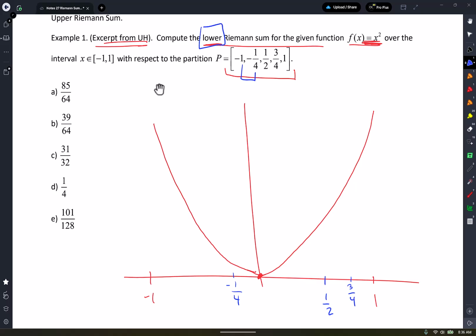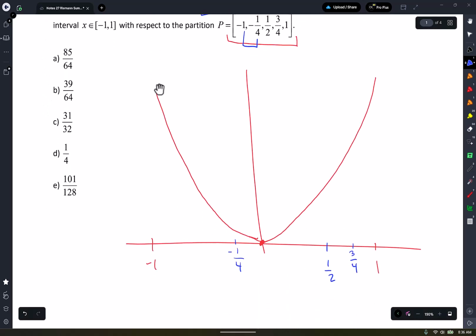Between -1 and -1/4, what point do I have the low on the curve? What point is the lowest? Yeah, -1/4. So put a point at -1/4 and go boop, boom. There's your first rectangle.